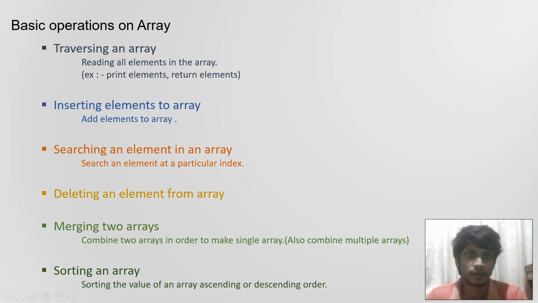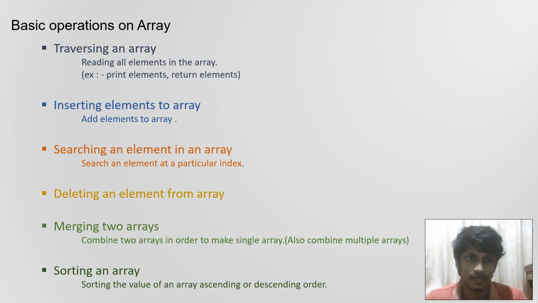So the basic operations on the array. These are the things we are going to cover in this video series. There will be a bunch of codings that we are going to implement by using C. The first thing is traversing an array, which means reading all the elements in the array.